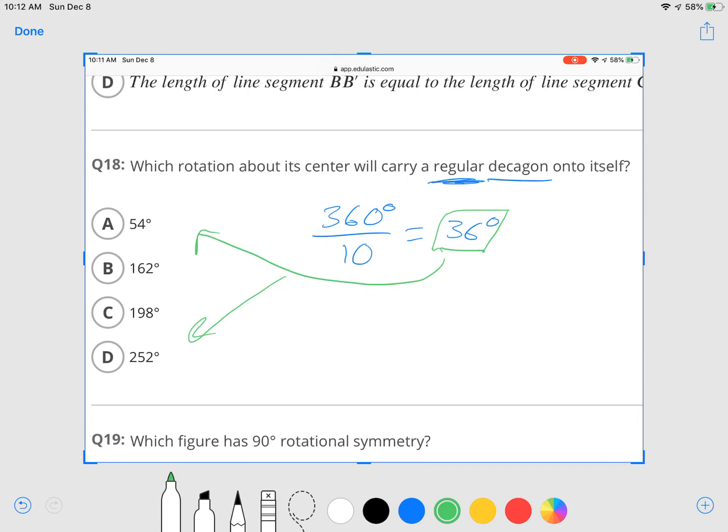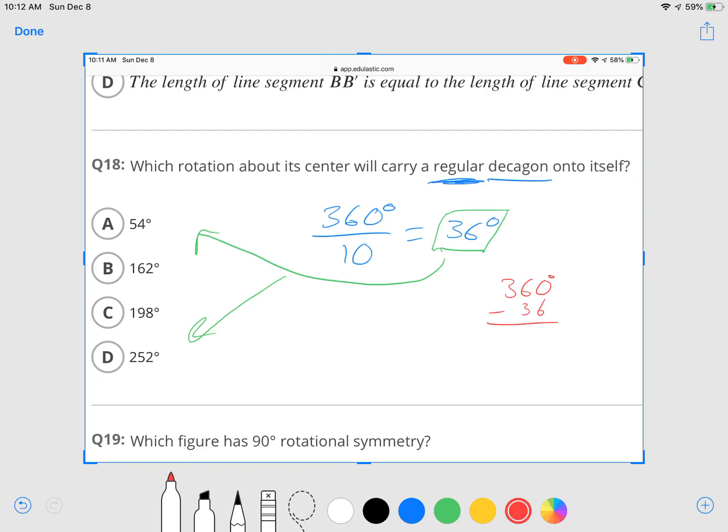Another way to do it is to start at 360 and subtract 36 a few times, and you should also land on the number. I don't really remember which way. Well, I think 198 is the answer.